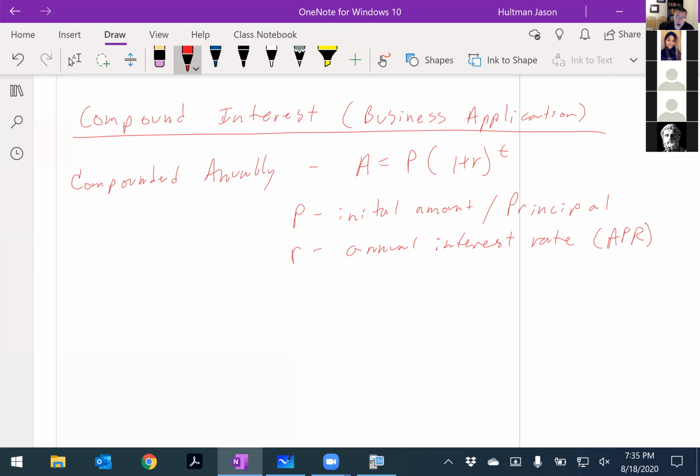But we just say R is our annual interest rate, and R is always a decimal, not a percent. They may give it to you as a percent, but you have to change it to a decimal. And T is time in years.